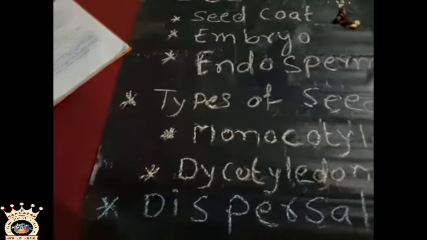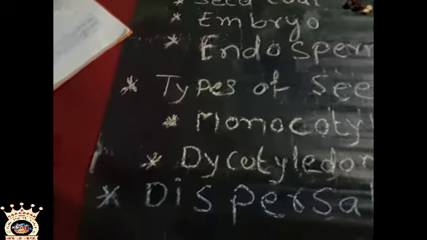Like that, some animals also help in dispersal. So that is about dispersal. Some animals, wind and water can help with dispersal. Thank you. In the next video, we are going to study seed germination.